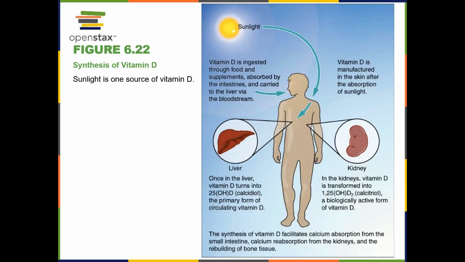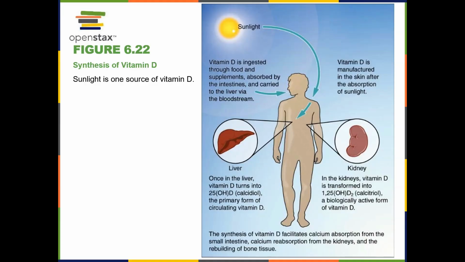After the precursor form of vitamin D is absorbed from the diet or synthesized in the skin, it is further activated in the liver through a process of hydroxylation. So hydroxylation is when an OH, oxygen and hydrogen hydroxyl group is added to the chemical.